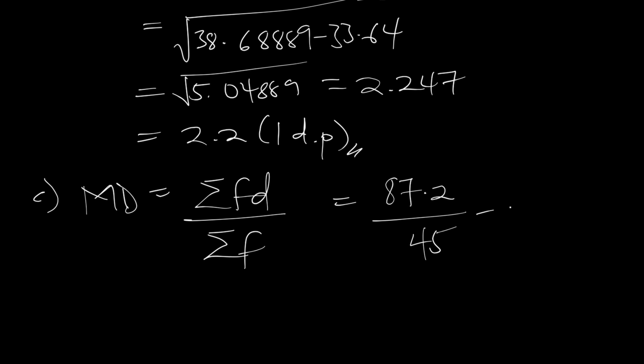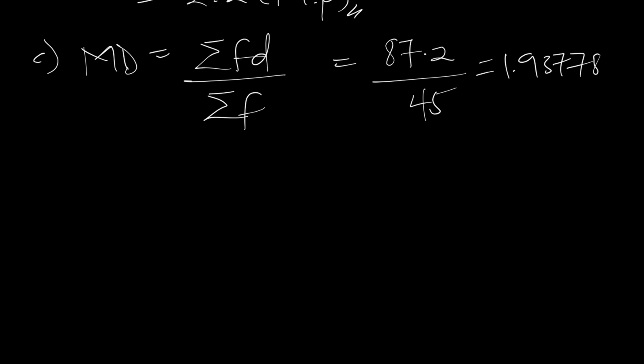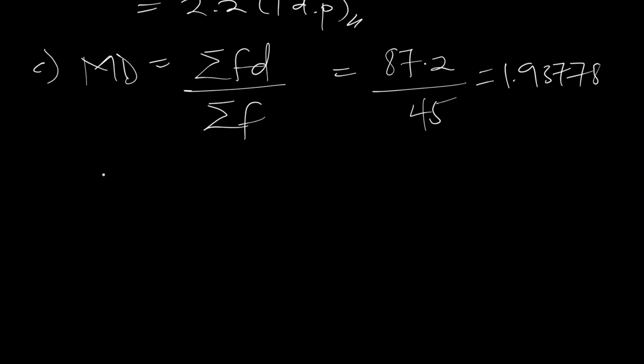This is equal to 1.93778. But we are being asked to correct to 1 decimal place, so our mean deviation will be equal to 1.9 in 1 decimal place.